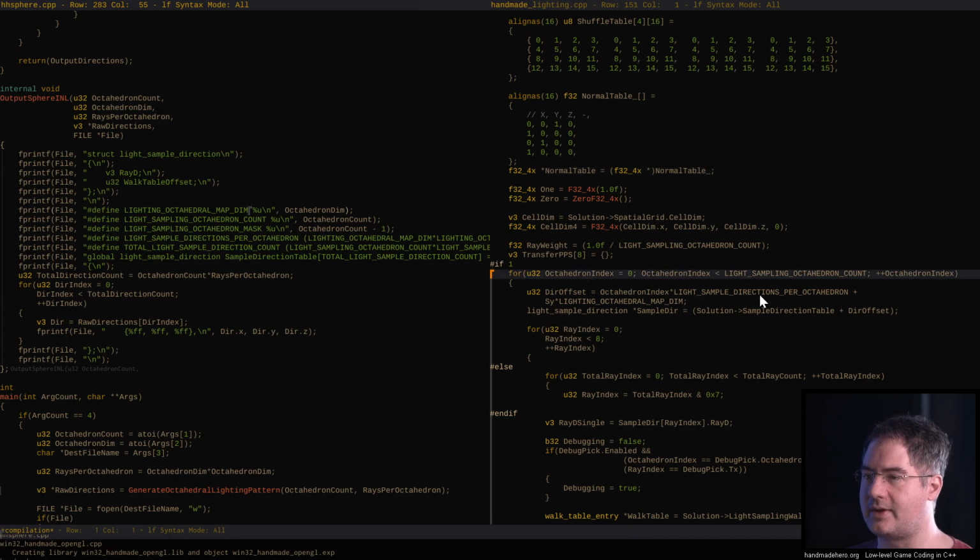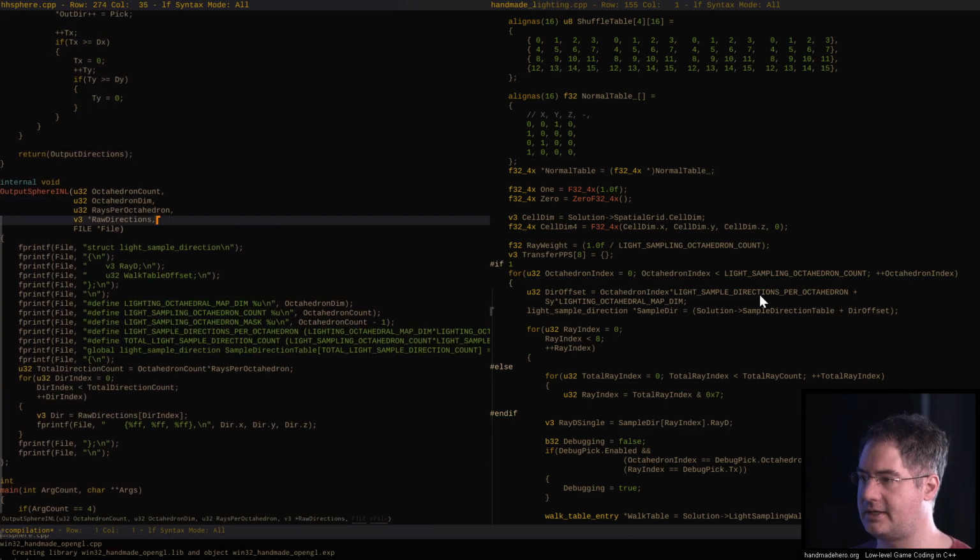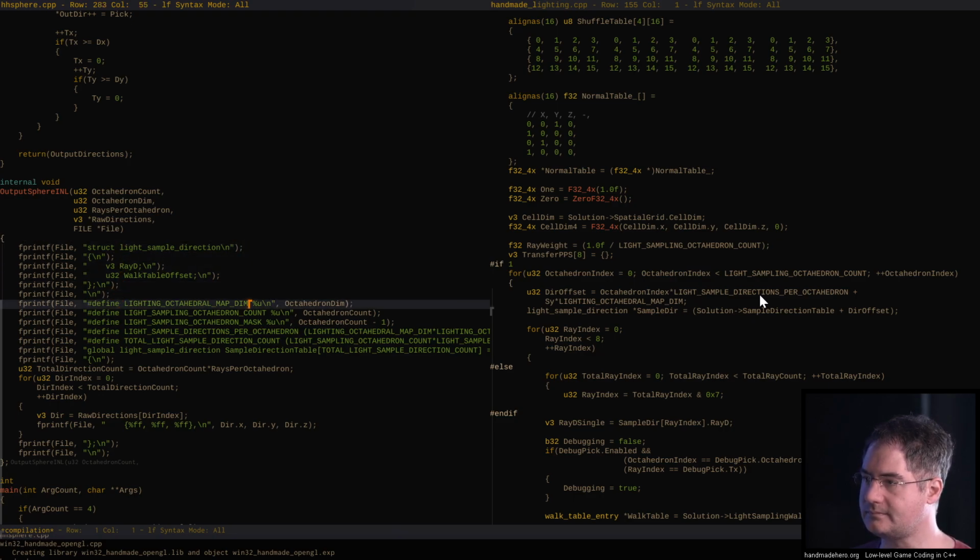So if we're doing it that way, then we know that this output is just going to be this table of light sample directions. The lighting octahedral map dimension is fine as a pound-defined output. We need to know that, right?